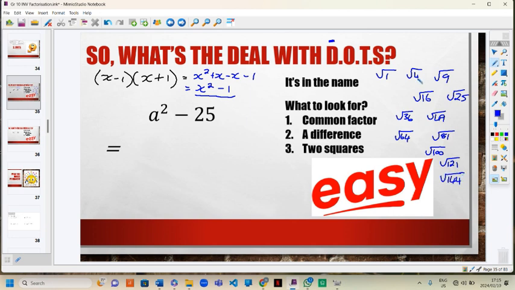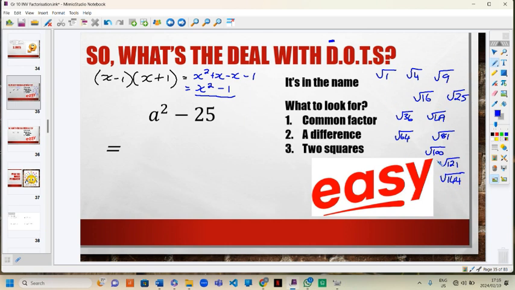Those are all the perfect squares up until 12. So the answers are 1, 2, 3, 4, 5, 6, 7, 8, 9, 10, 11, 12. Please know your perfect squares.